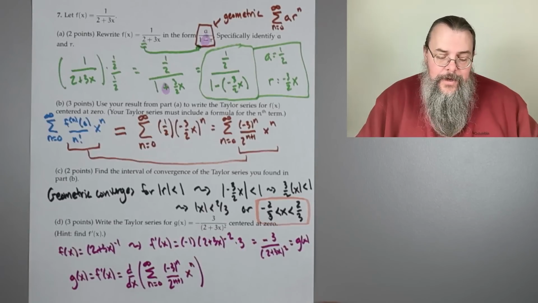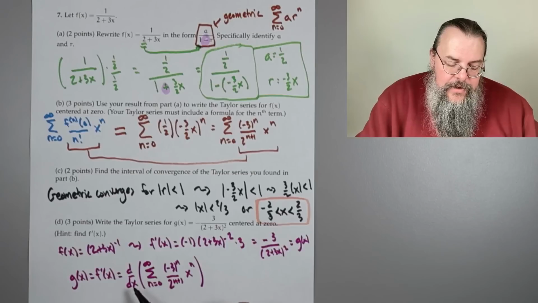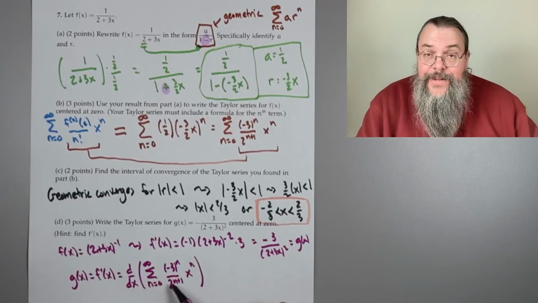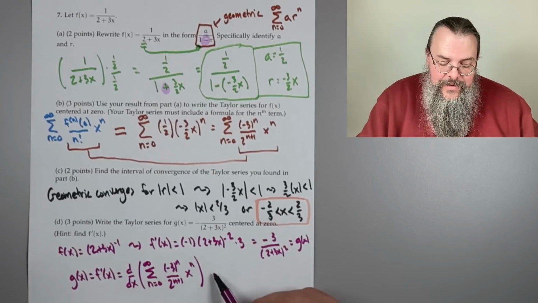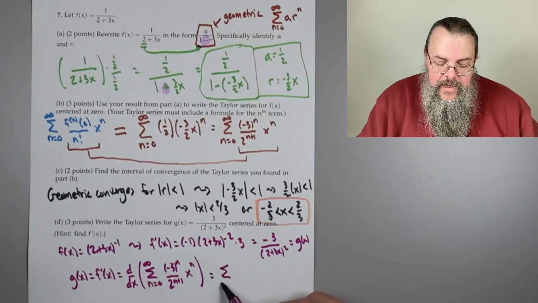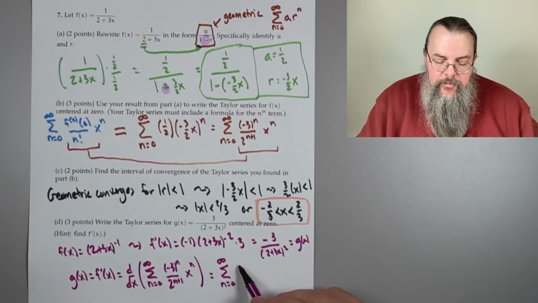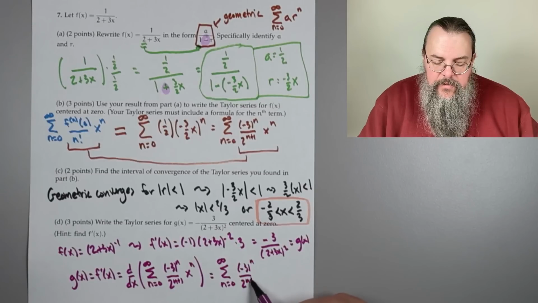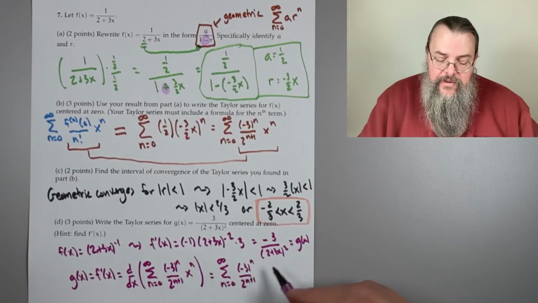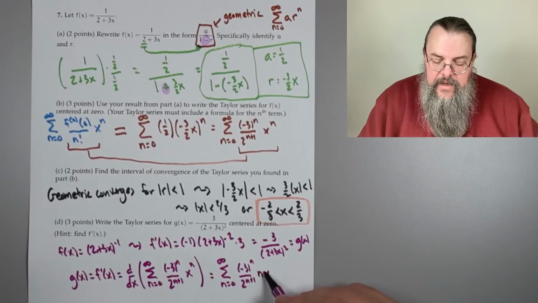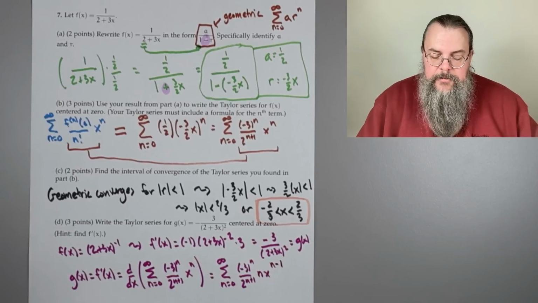All right, well, what's that? Now, the nice thing is you can pass the derivative through the sum. So this is the sum, n equals 0 to infinity of (minus 3) to the nth power over 2 to the n plus 1 power, and the derivative of x to the n is n x to the n minus 1.